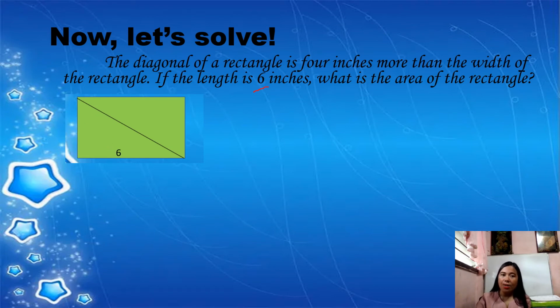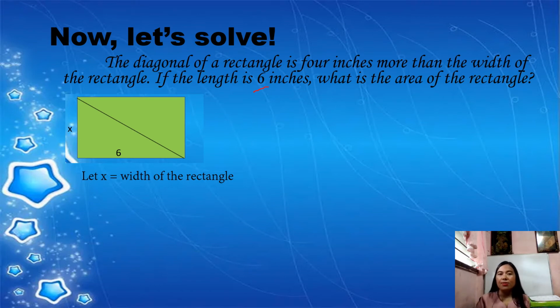Now, for the width here, we do not know yet what it is. So we can let x stand as the width of the rectangle. So with that, we can now put x on that side. Let me erase first my writings. Okay, so x is there.